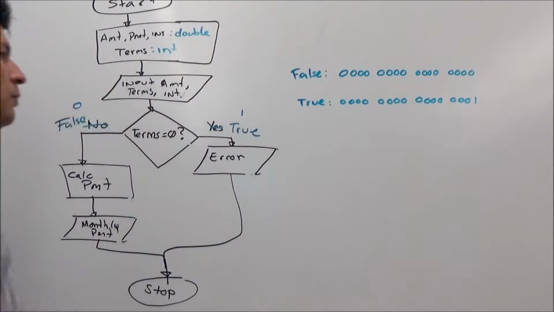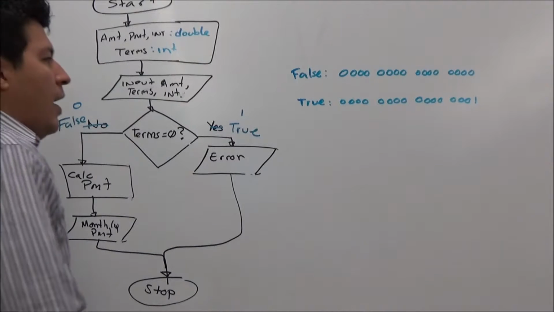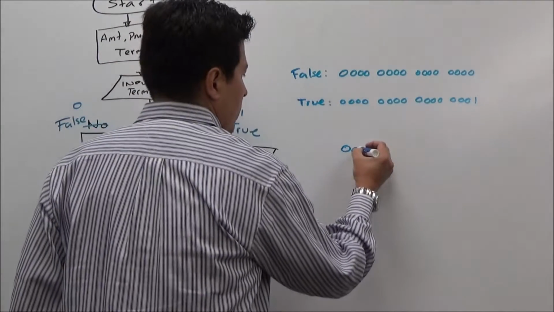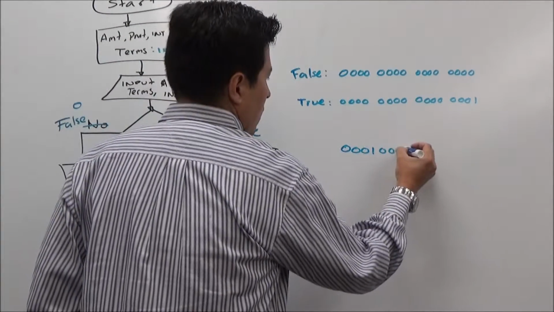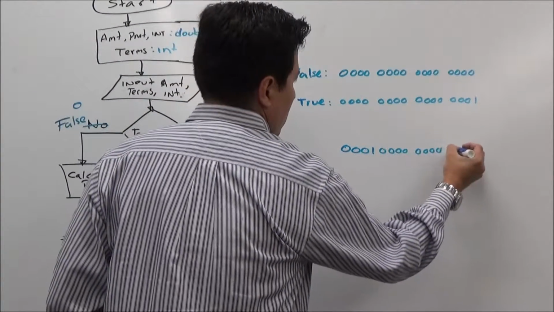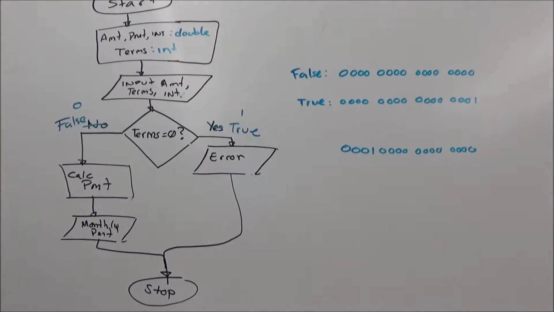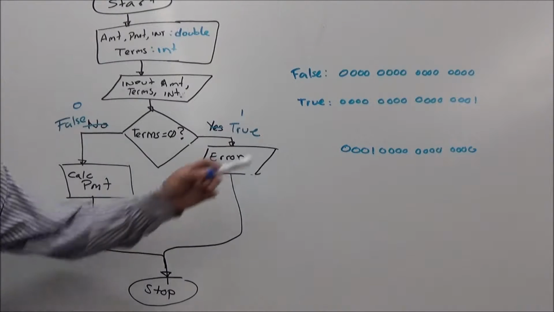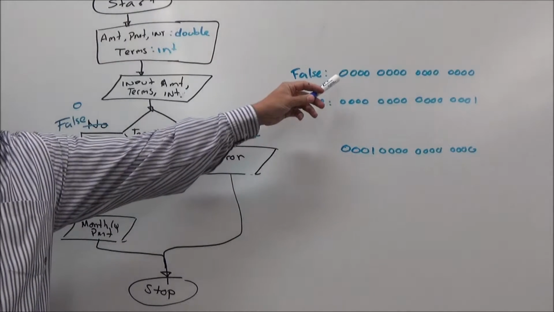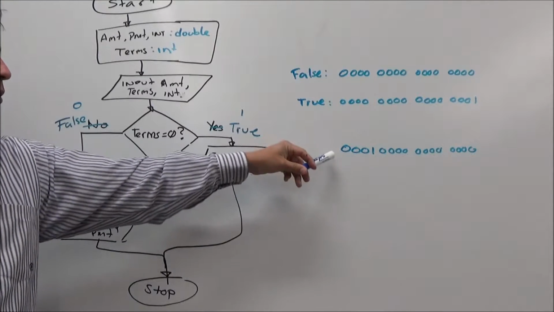But what if I have something like this? Is that true or false? So what's false? All zeros, right? Is this false?